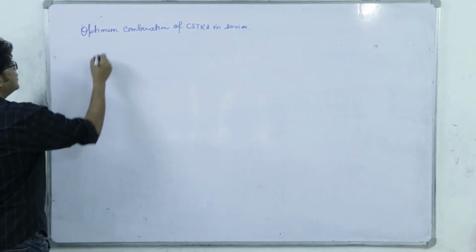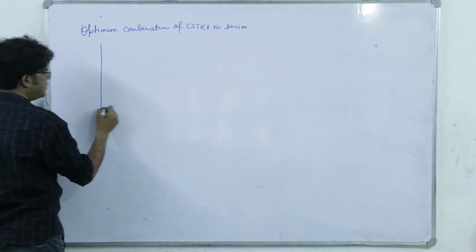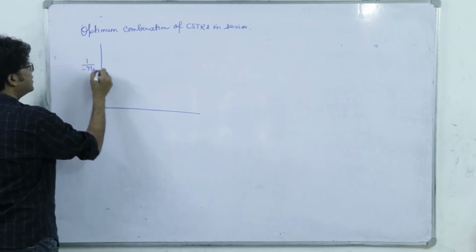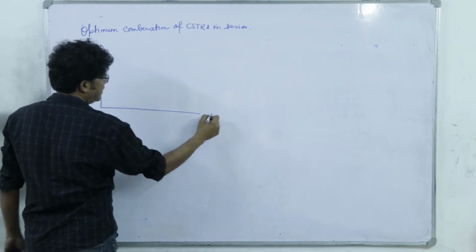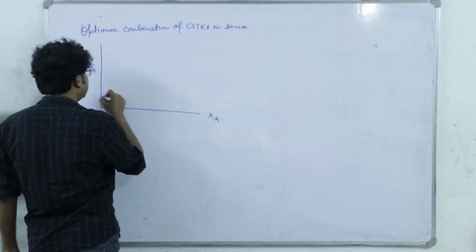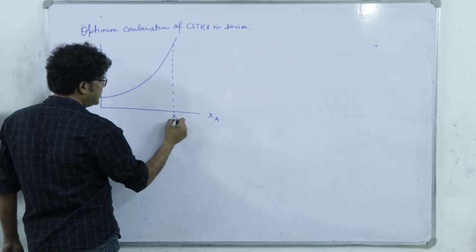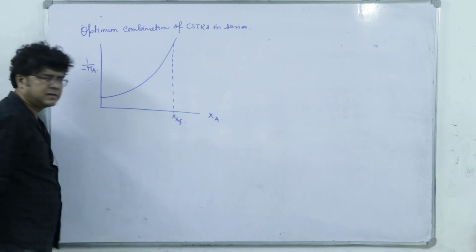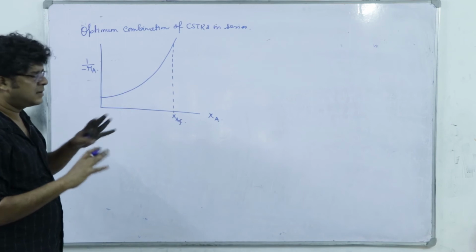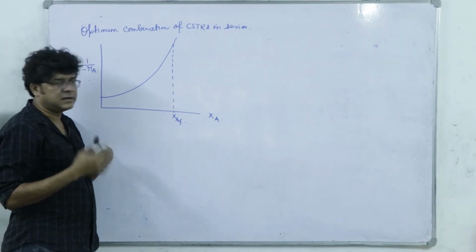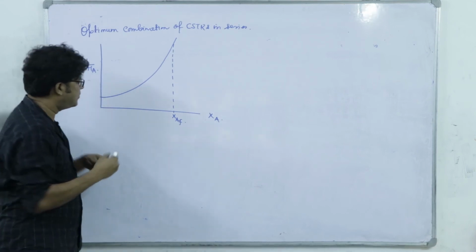Right. Now you see we have 1 by minus Ra versus Xa plot, and the plot is like this. Let us say my final conversion is fixed, right, and we are allowed to design 2 CSTRs such that the total volume is minimum.